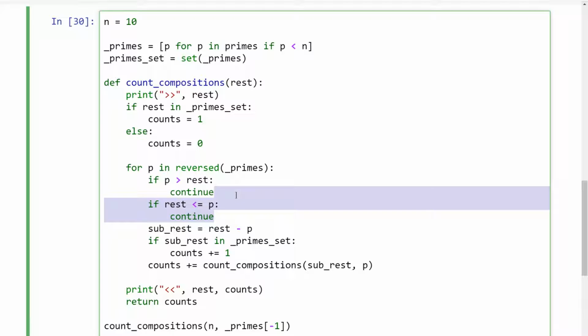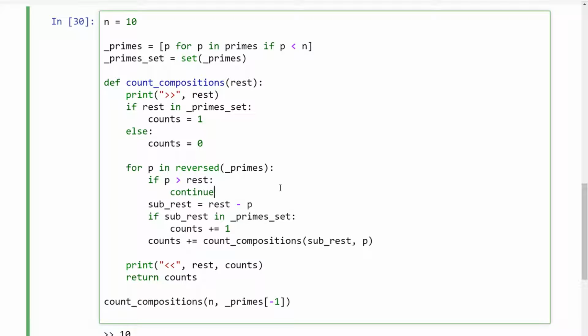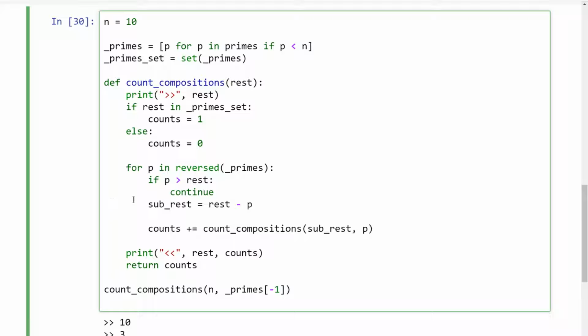Then let's see, subrest, I think this is also okay. And this is bogus. And this is also not interesting. But the question is about the other cases.